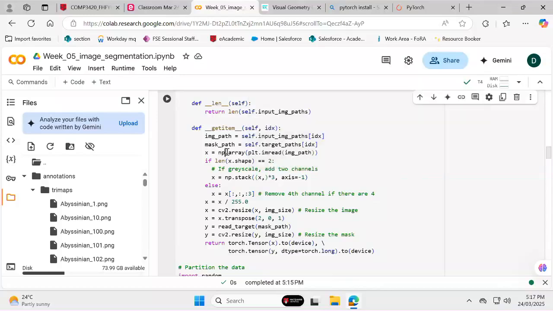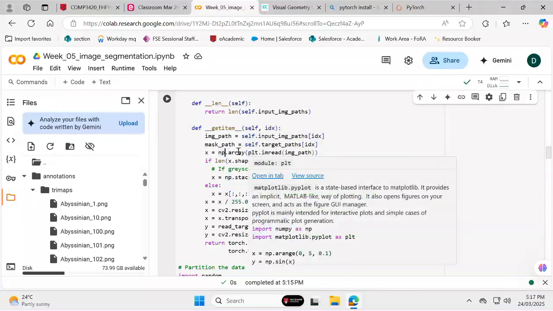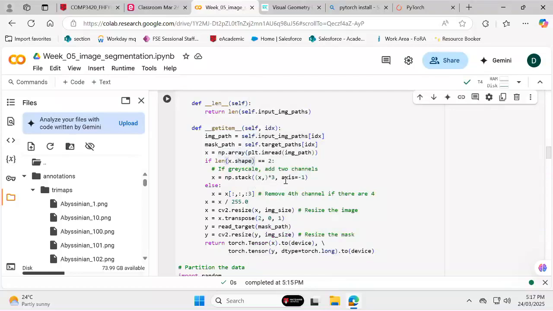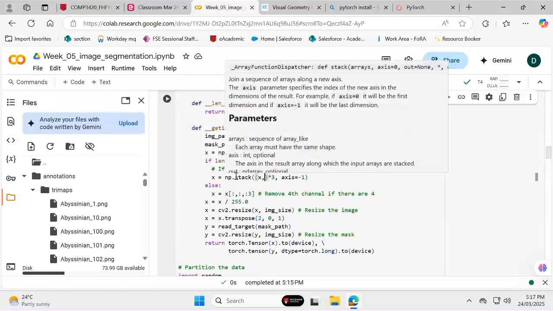And then here we read the image. And now I had to do a couple of checks. If the shape has only 2 numbers, that was a grayscale image. So we will need to basically add 2 channels. And what I did here is just copy the same values to all the other 2 channels. So that's what we're doing here.